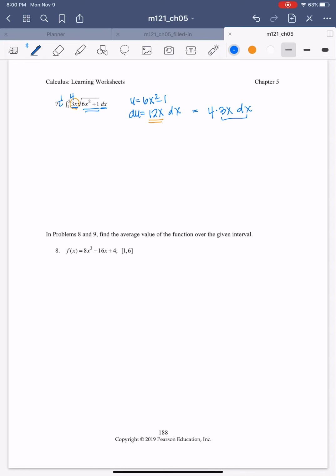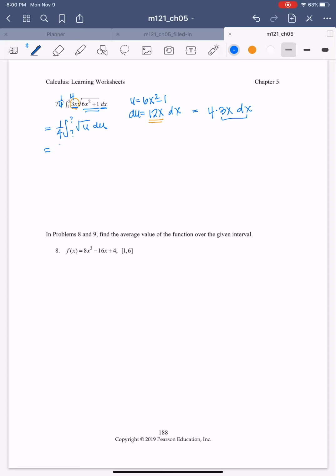So I need to multiply outside by 1/4 to cancel that out. So my function looks like 1/4, and then I will leave a question mark because the limits are really for the x. I'm going to have a square root of u, now du, with the 4 times 3x dx.